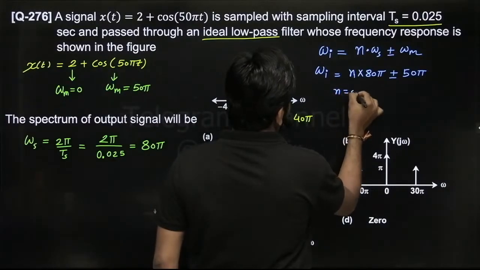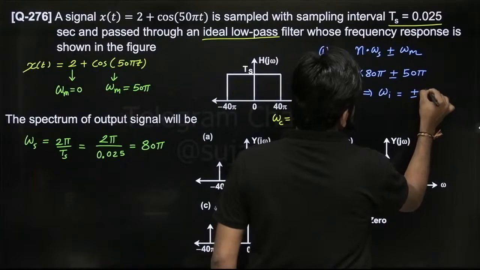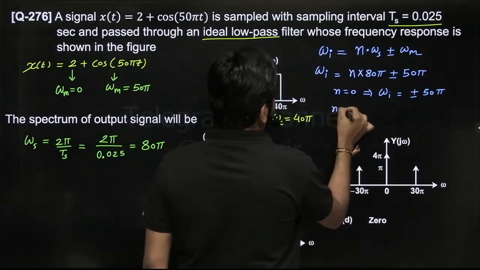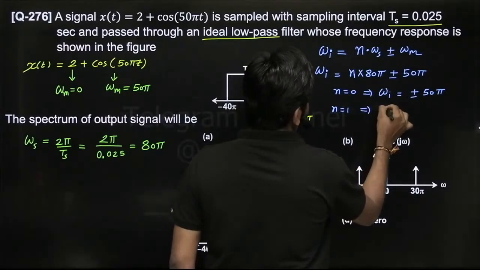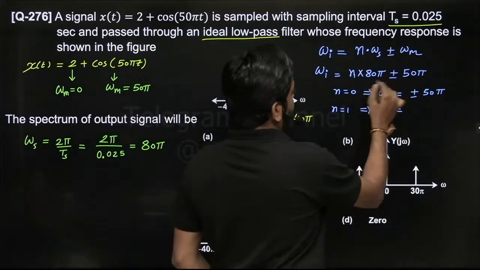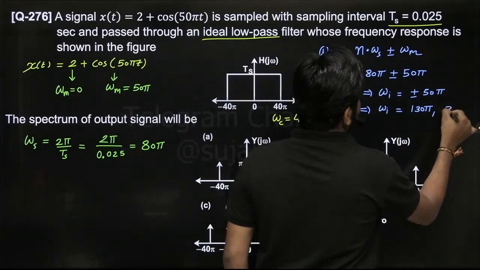If you put n equal to 0, you will get the input frequency plus or minus 50 pi. If you put n equal to 1, then 80 pi plus or minus 50 pi, that is 130 pi and 30 pi.